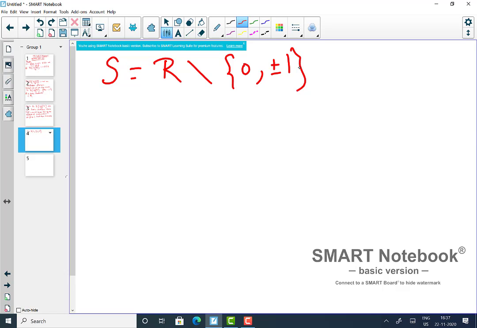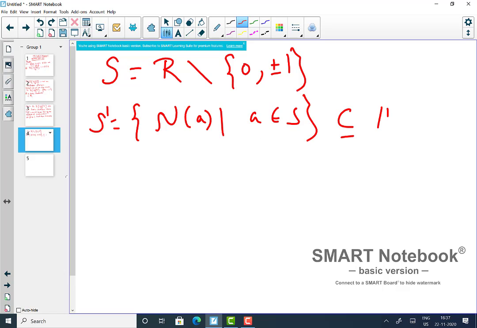So I don't care. So S is all those elements which are non-zero non-units, right? Now we want to find S', which is the set of norms of all elements a such that a belongs to S. Obviously this is a subset of the natural numbers.